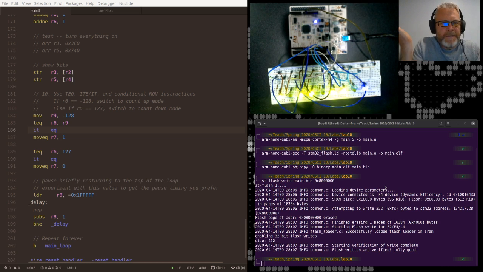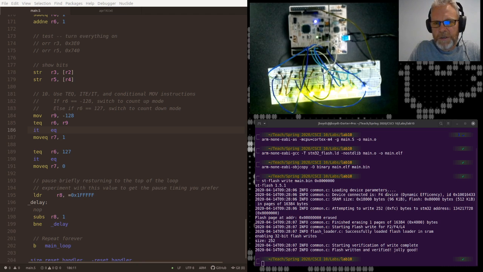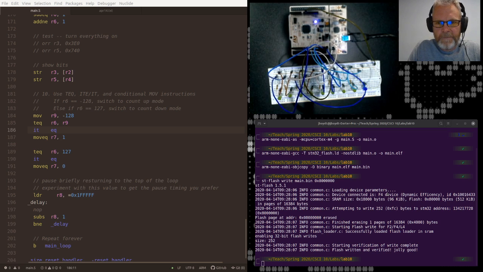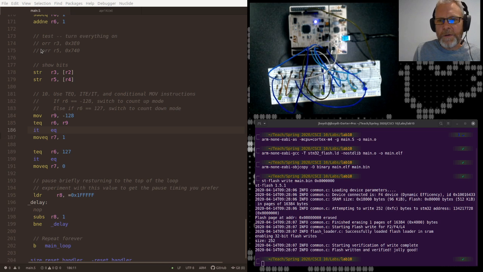Do ARM instructions provide access to conditional execution? Yes, ARM instructions can be conditionally executed, which I sort of hinted at the other day, or maybe in the last homework. So when we say ARM instructions, we mean 32-bit instructions.